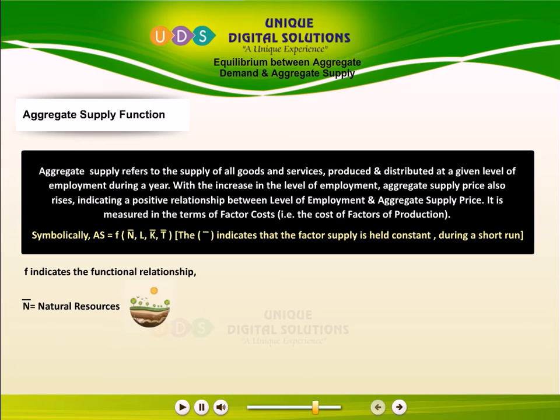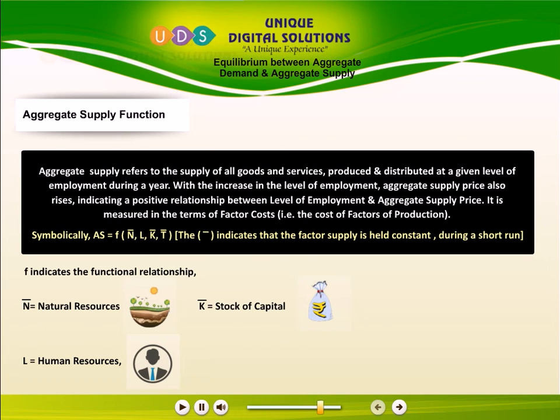N bar is the supply of natural resources like land, water, minerals, sea coast, climate, nature, rainfall, etc. L is the labor supply force, otherwise known as the human resources. K bar refers to the stock of capital. T bar refers to the state of technical knowledge.